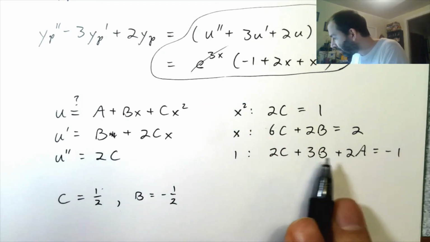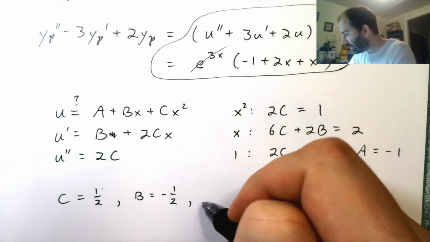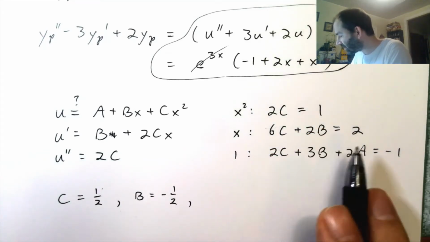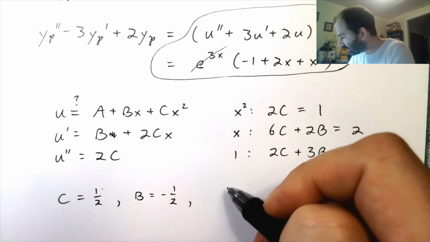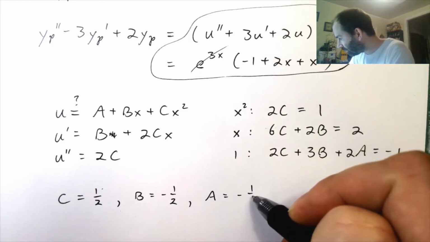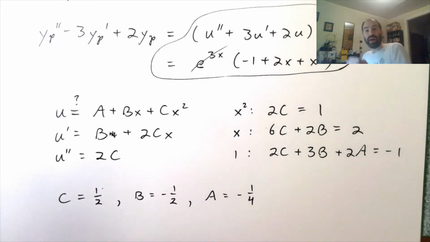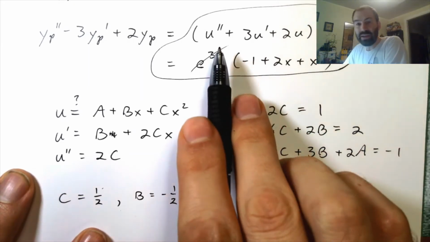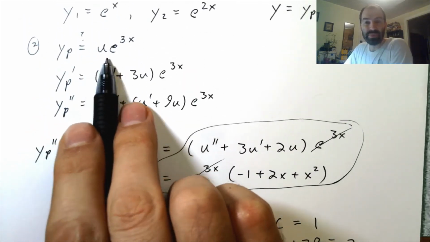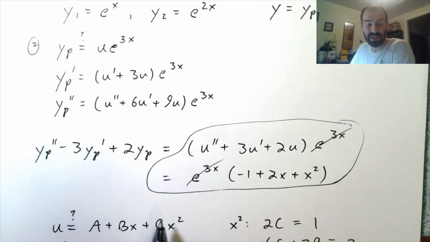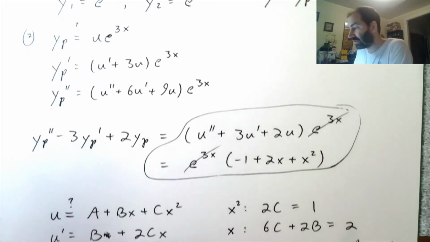And then when you plug those in over here, you solve for a. You'll see that a is equal to -1/4. And look, we're able to solve it. We're able to find a, b, and c. Well, that's fantastic. That means that this will be a solution if I take those coefficients on my u. So I found my particular solution.